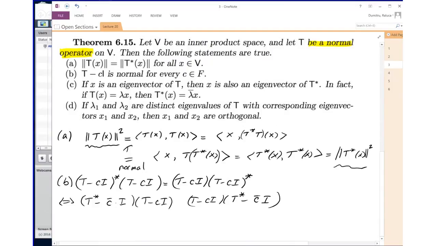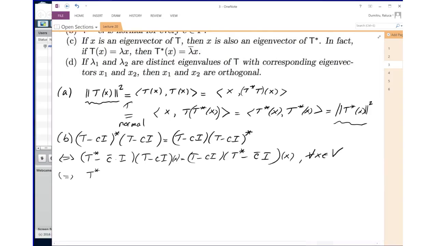Okay, let's just apply to some x. So if and only if this holds, and then you can just start distributing things around. So T minus C identity of x is T of x minus Cx and so on. And this should equal T minus C identity of T star of x minus C bar x for every x.